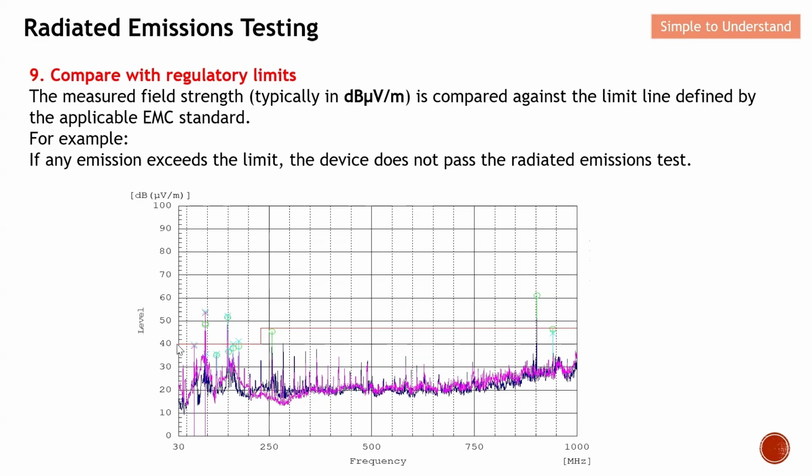So this is just one of the standards with its limit line. For example, if the emission exceeds the limit line, the device does not pass the radiated emission test. So this is my last step, to compare your measured field strength against the limit line. If it's more than the limit line, then the device does not pass the radiated emission test.